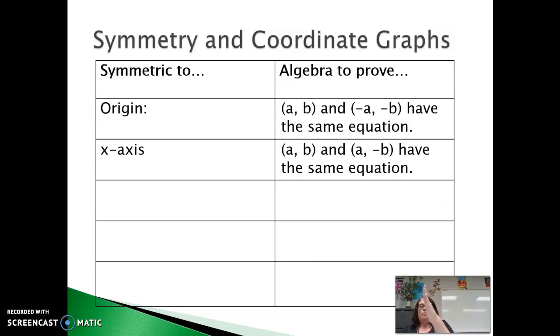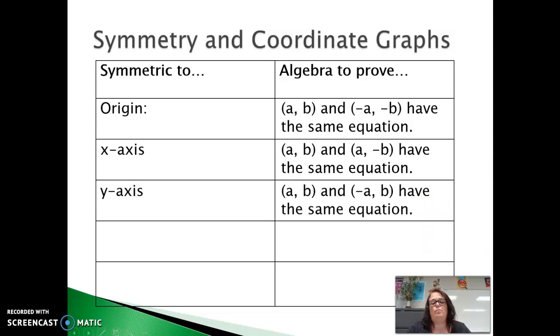Then for the y-axis, do you see that my thumb is keeping the same height, but the x is changing? So to be symmetric with respect to the y-axis, I'm going to compare my control point (a, b) to what happens when I substitute (negative a, b). And if I get the same equation, then I know the graph is symmetric with respect to the y-axis.